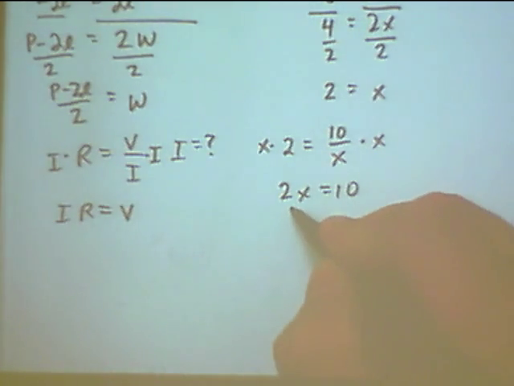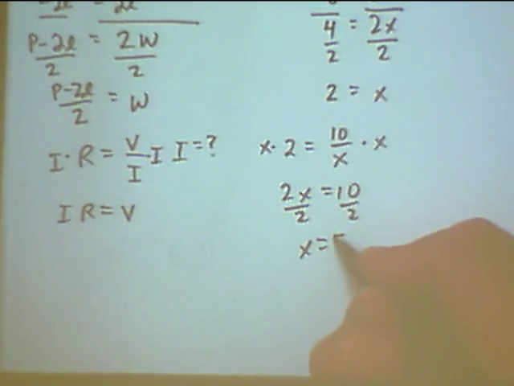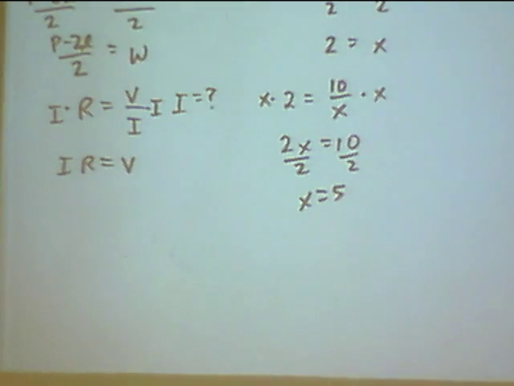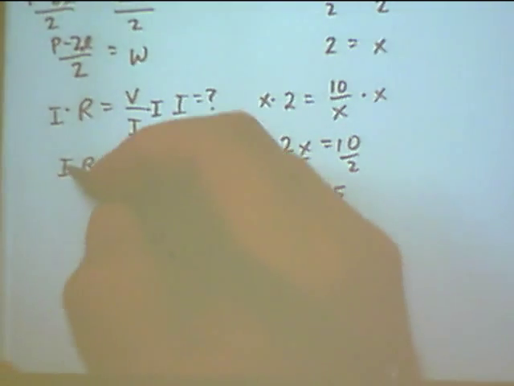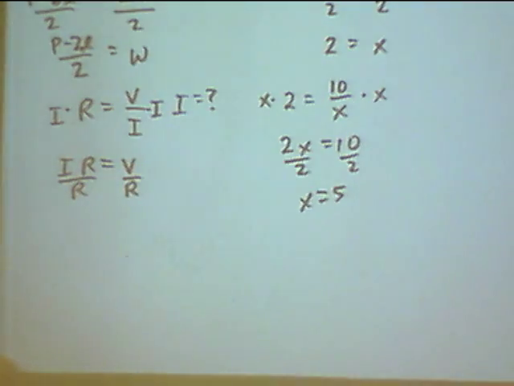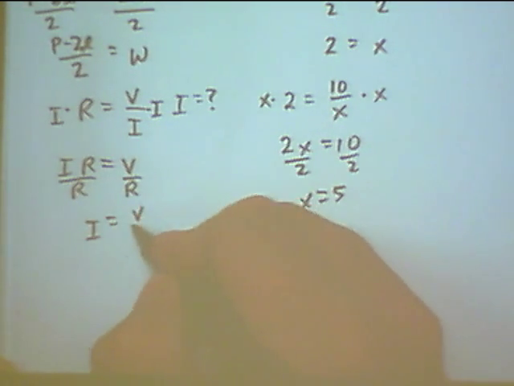We've done this before. You divide both sides by 2. x equals 5. So over here, the same idea applies. I'm trying to solve for I. I want to get I by itself. Right now I have I times R. The way to get rid of that R is to divide both sides by it.